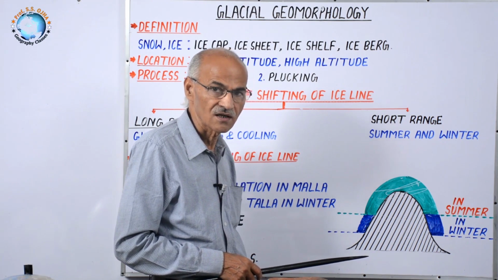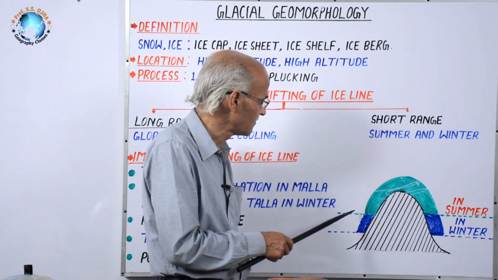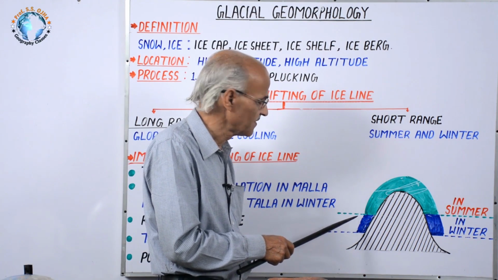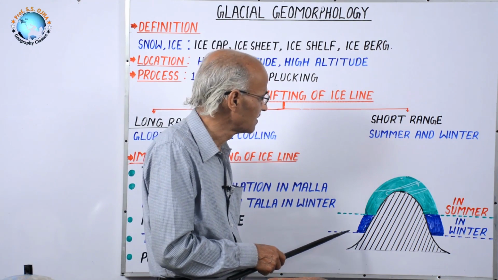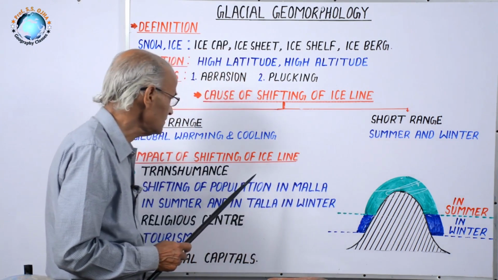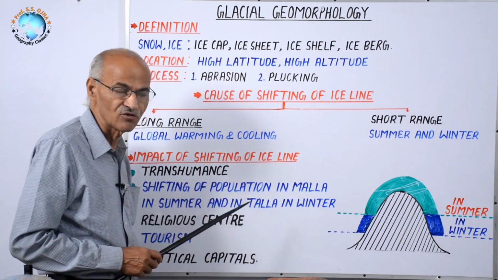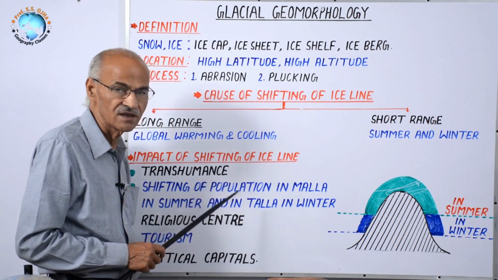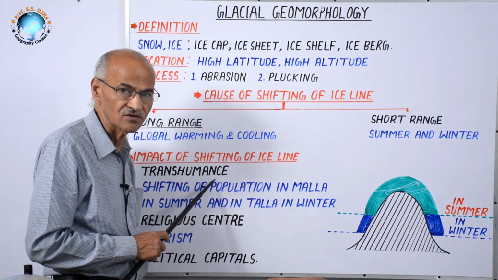Virtually the tal is the same, but the upper part is called Mallital, the term coming from Malla, and Tallital means the lower part, which is the outlet of Nainital lake. So this is the impact of shifting of ice, and this is called transhumance. Now you can locate transhumance activity in the world. It is practiced in mountain regions near the snow line.